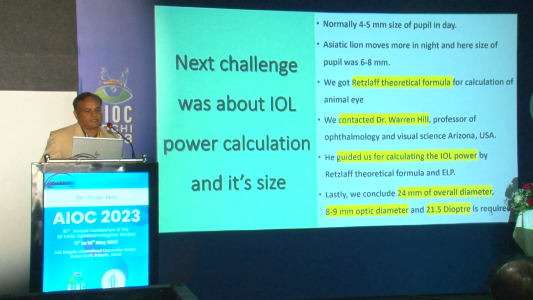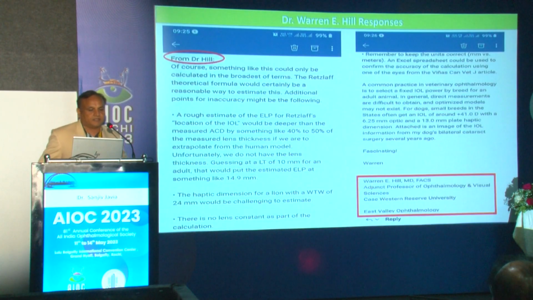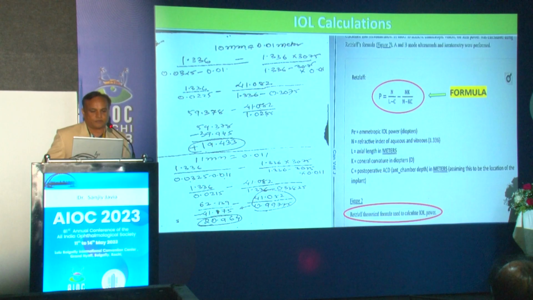Now the challenge was how to calculate the IOL power. We contacted Dr. Warren Hill, Professor of Ophthalmology and Visual Science, Arizona, USA. He guided us to the Retzlaff formula and ELP, expected lens position, and after all the diameters we calculated this. This is the response from Dr. Warren Hill.